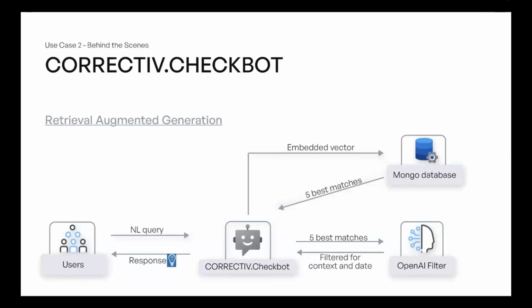Our tool requires Correctiv users to input a claim that they want checked. To achieve this, we use the retrieval augmented generation technique in our tool called CheckBot, which does three things. Firstly, it gets the 5 best matches from MongoDB using vector similarity search. Secondly, it passes the information to a separate filter tool, which uses the OpenAI GPT-4 Turbo model to determine which match has the best context and is also the latest article.